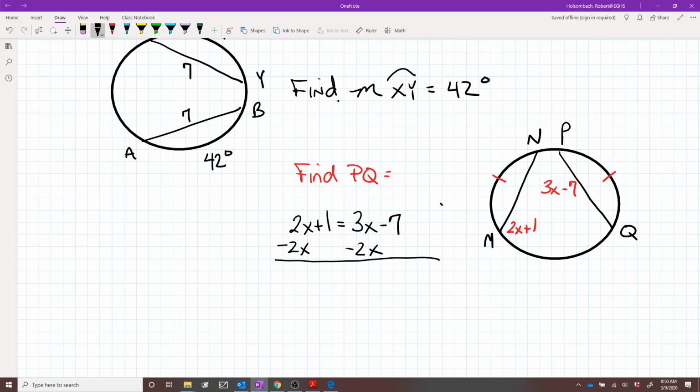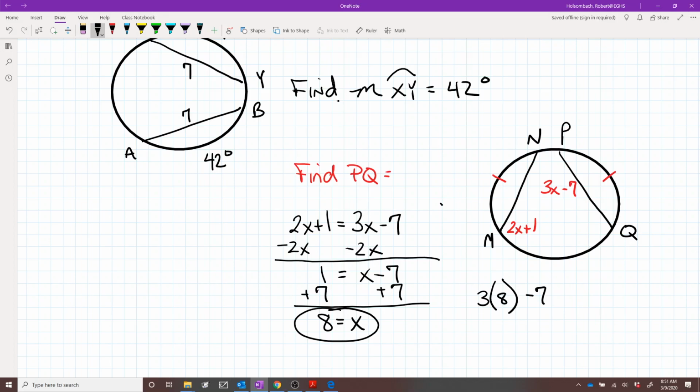And 1 would equal x minus 7, and then you could add 7 to each side. So 8 is equal to x. So now if you need to find P to Q, you would take 3 and multiply it by 8 and subtract 7. And that would be 24 minus 7, which would be 17. So your P to Q would be equal to 17 units.